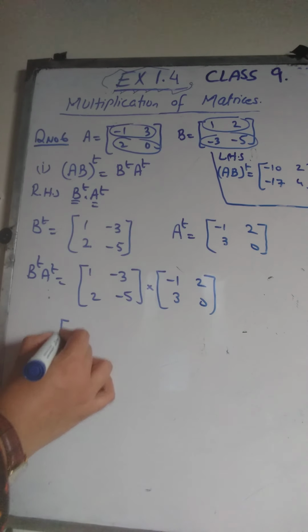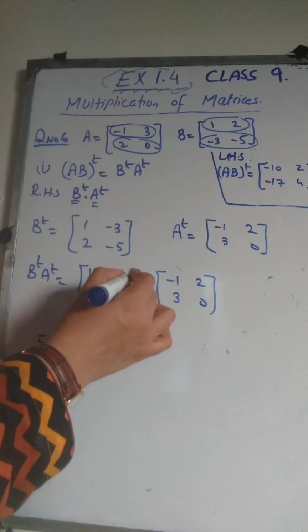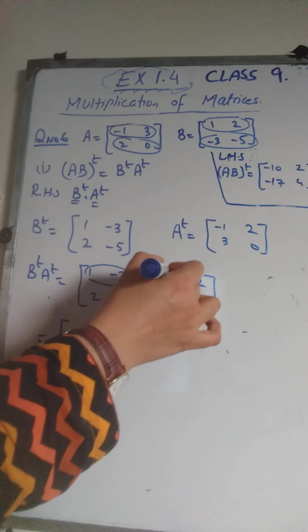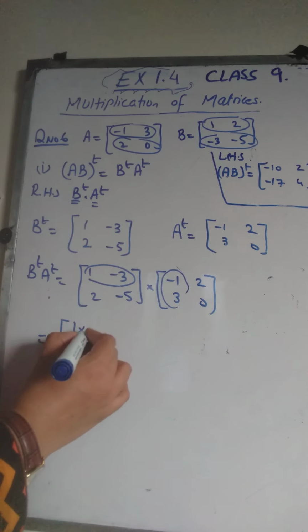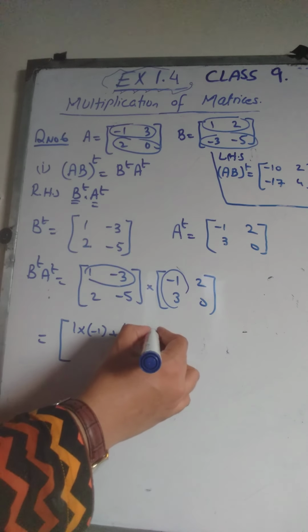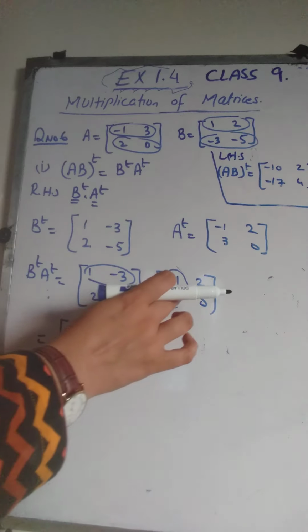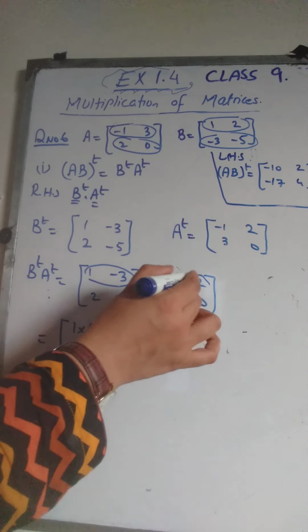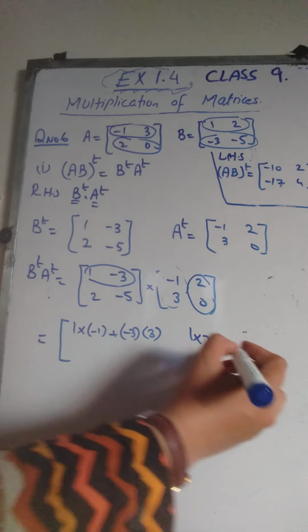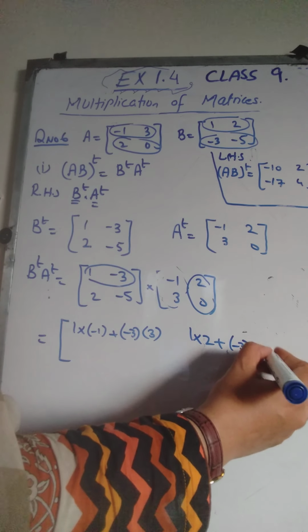Here again we are going to do the product. First row with first column, 1 into -1 plus -3 into 3, and then first row with second column, 1 into 2 plus -3 into 0.